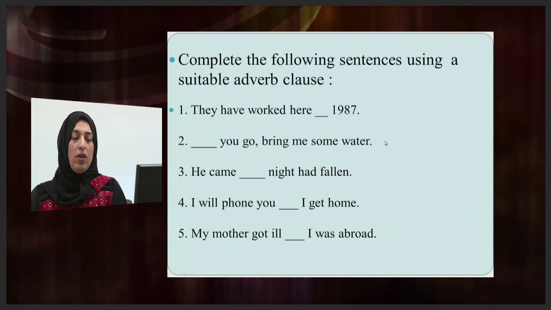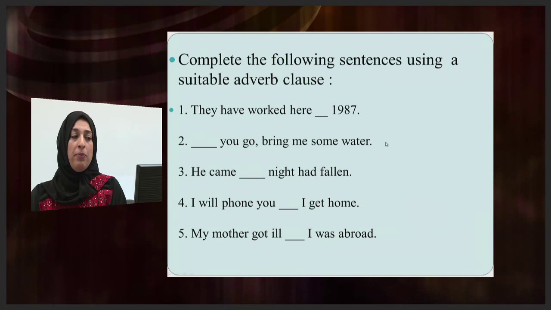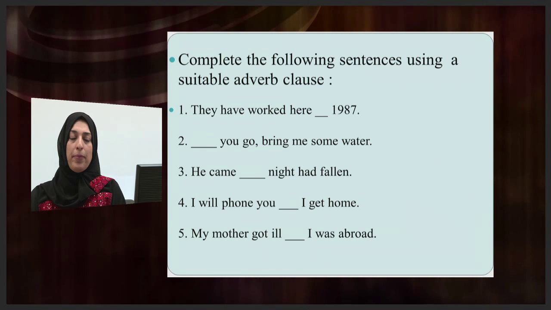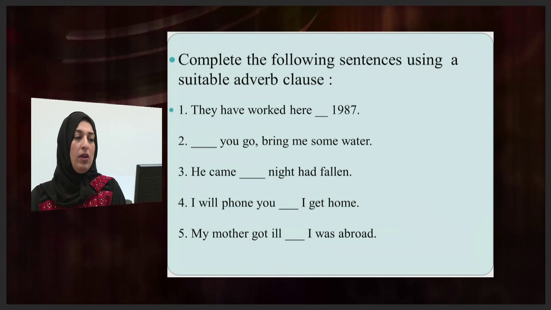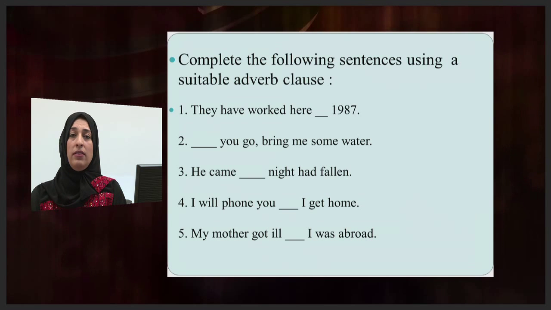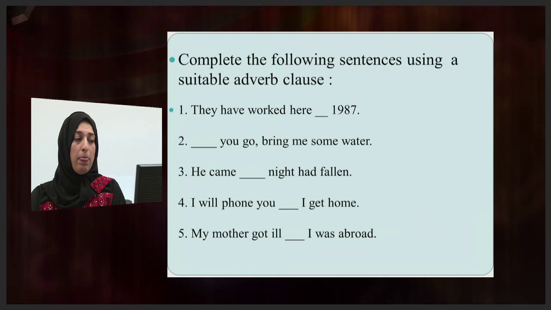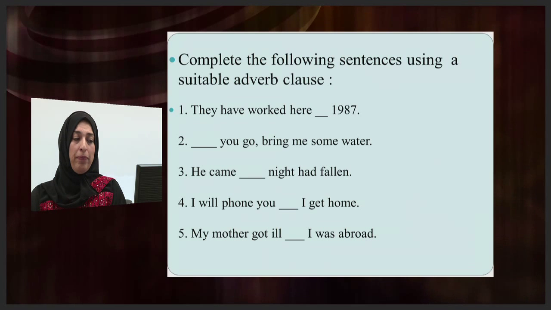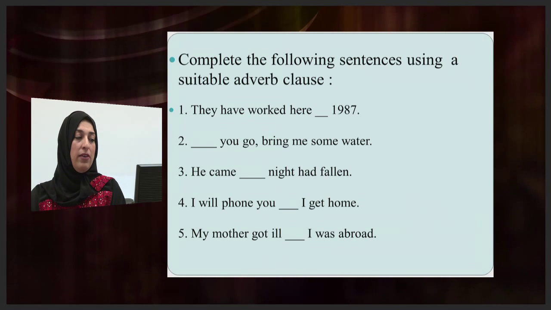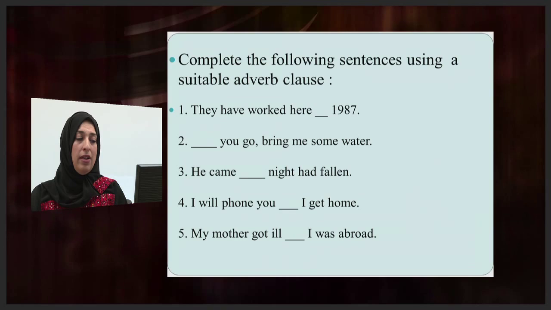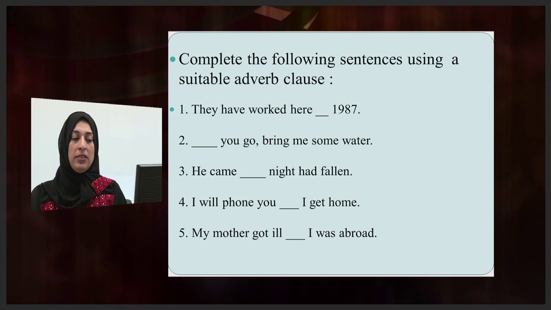Number 2: Hugo, bring me some water. Sentence number 3: he came, night had fallen. 4: I will phone you, I get home. 5: my mother got ill, I was abroad.